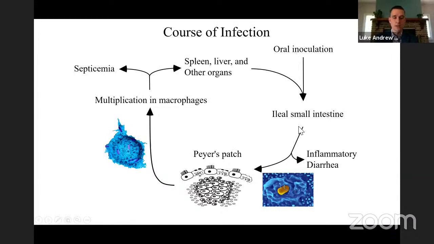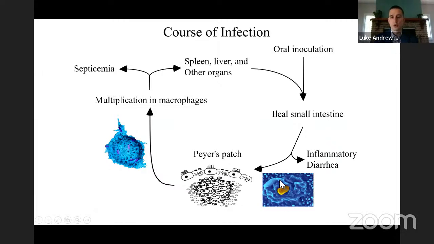It's able to survive until it reaches the distal portion of the small intestine, the ileum. At this point, Salmonella preferentially targets M cells that are found in Peyer's patches in this part of the intestine, where environmental signals induce expression of a type 3 secretion system in Salmonella that results in injection of effector proteins into these host cells.